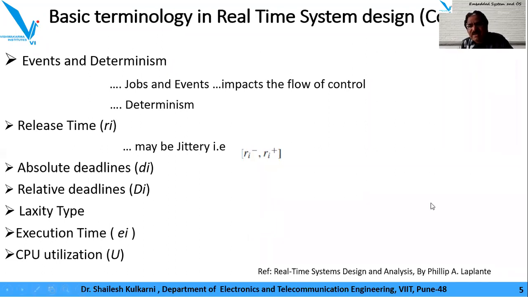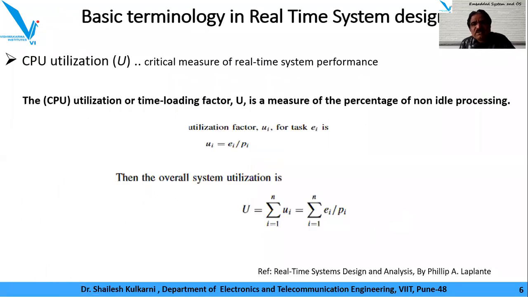And a very important aspect that is expected to be known is CPU utilization. So let's see CPU utilization. This happens to be a very critical measure of real-time system performance. Why is it so? Because I have n number of tasks which are getting executed on the underlying hardware, isn't it?